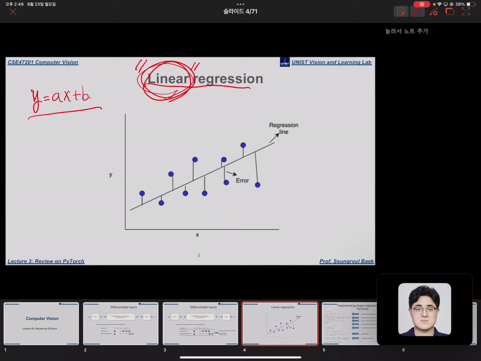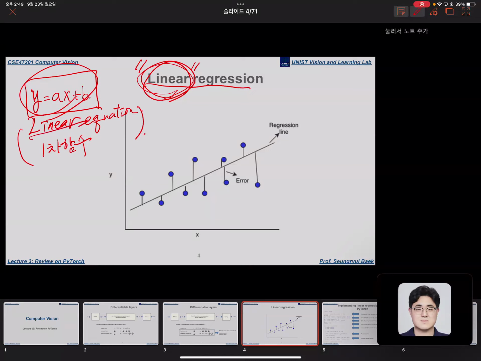I believe all of you are familiar with this kind of linear equation. In Korea, it's 1차 함수, maybe. When you draw the curve of this equation, it would be a straight line. So we call that a linear equation.